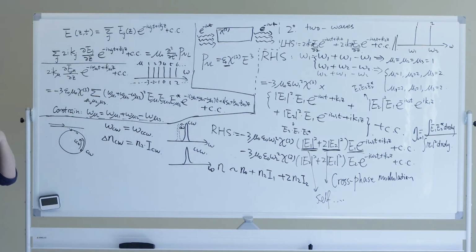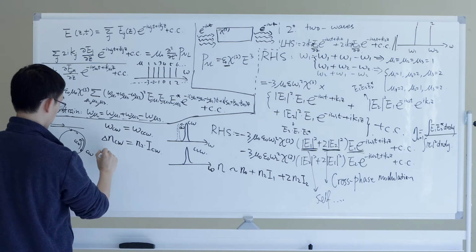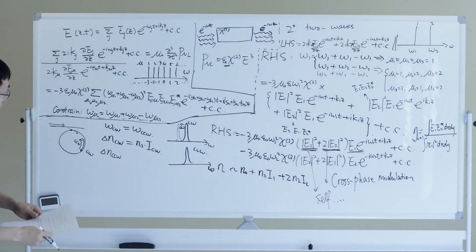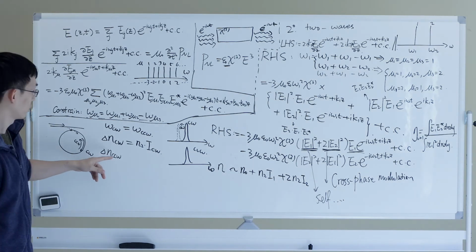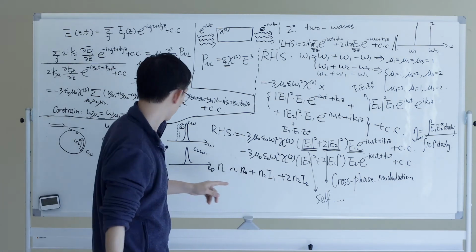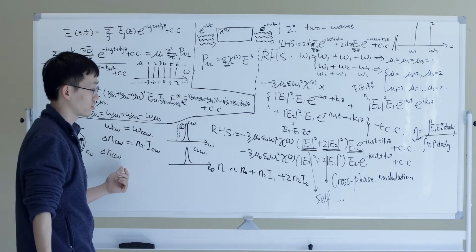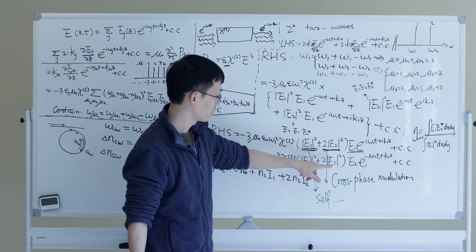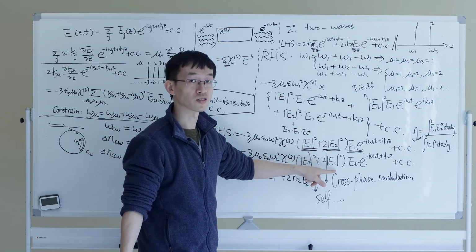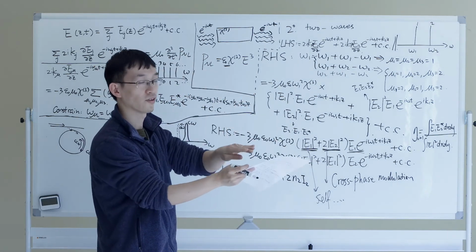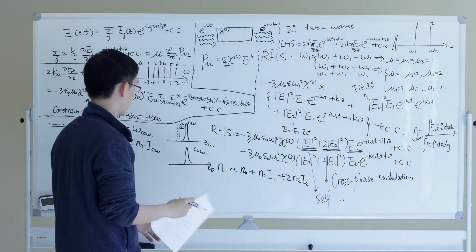Okay, but if you look at the counterclockwise direction, right? Because this one is self-phase modulation, but if you look at the counterclockwise direction, then it becomes cross-phase modulation, right? The clockwise light changes the refraction index of the counterclockwise light.